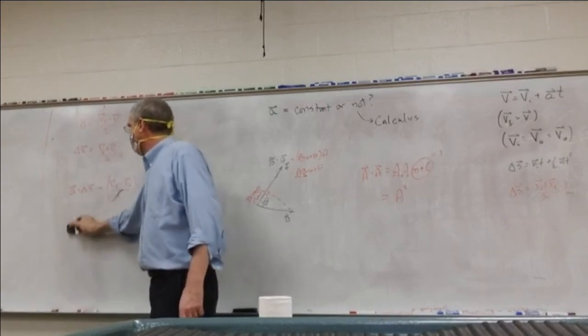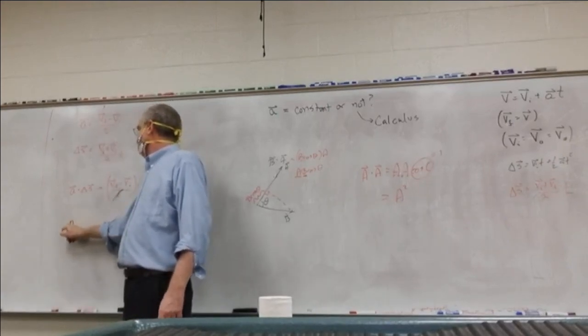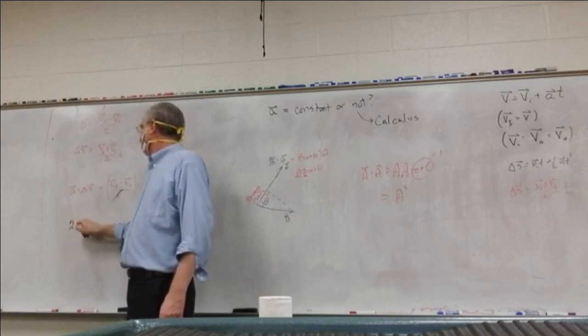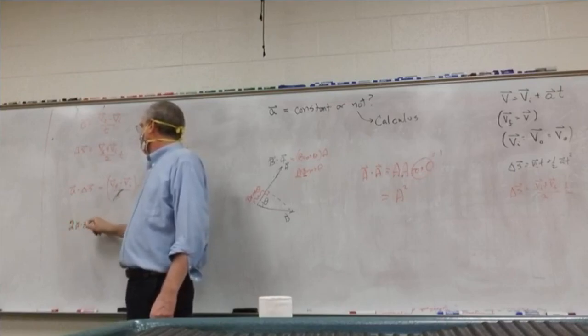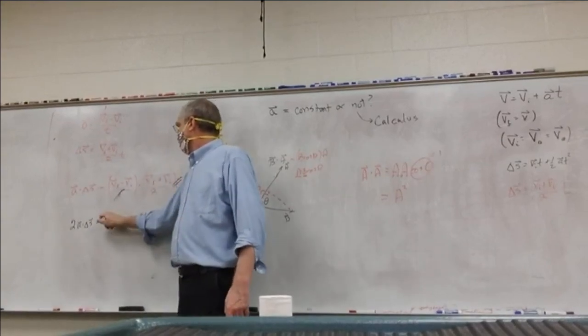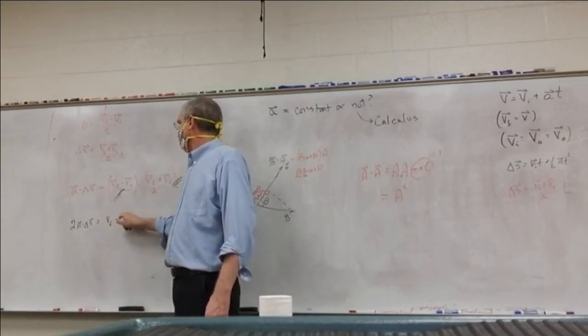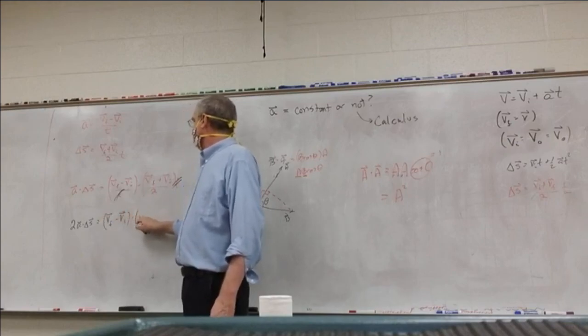And let's see if I can write that possibly neater. Sadly, that is neater. All right. And then I'm left with VF minus VI, dot product, VF plus VI.